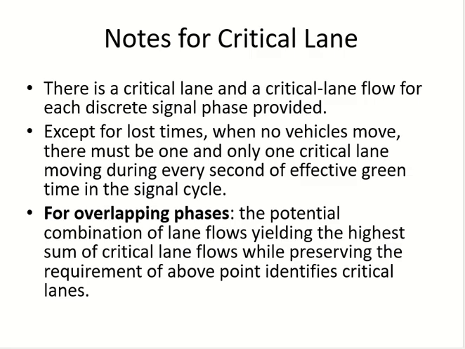Again, I go back to the critical lane of each phase I'm overlapping, and I sum those volumes for the critical lanes only. For example, in the first combination, two straight, this one has a critical lane volume of 150, this one 300, this one 150 again, this one 250, this one 300 again, and this one 350.